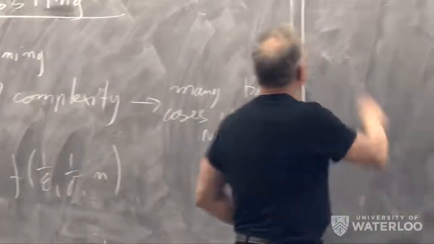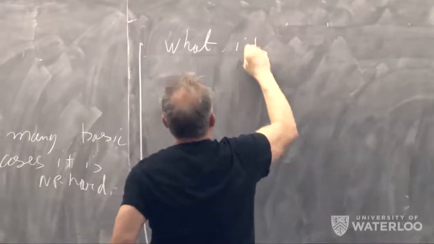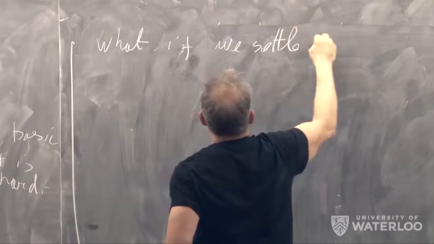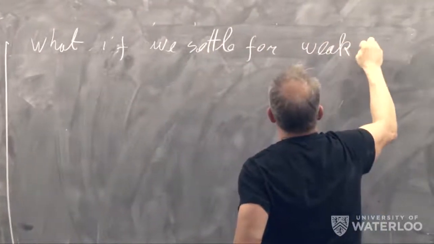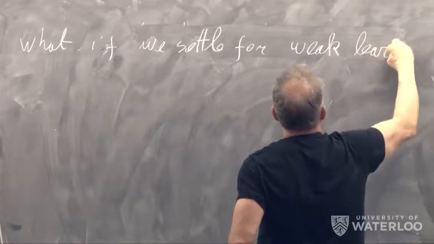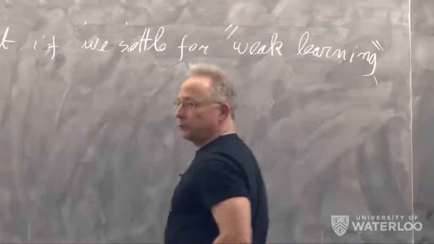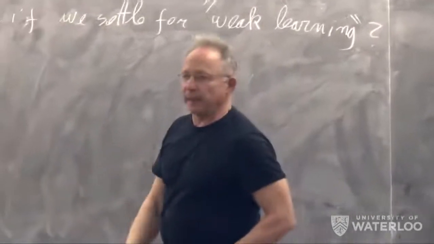So the natural question was, what if we settle for what is called weak learning? I'll define it in a second, but intuitively, weak learning means I don't want to succeed for any epsilon.